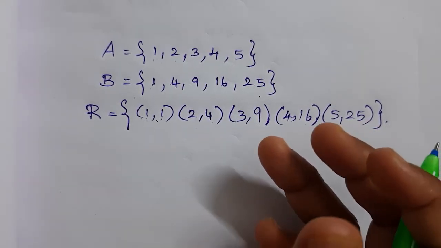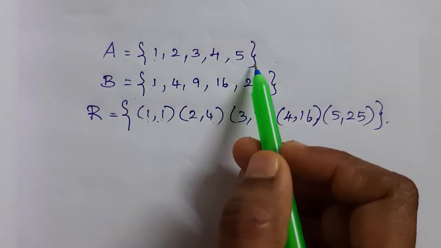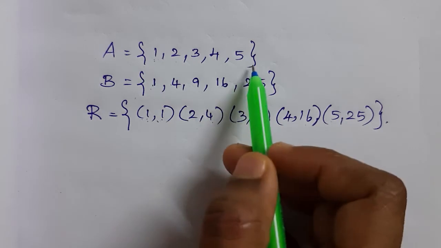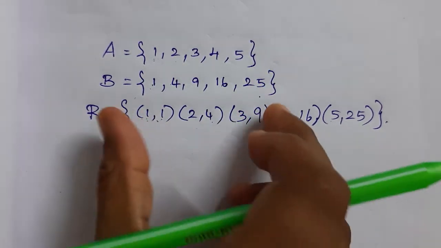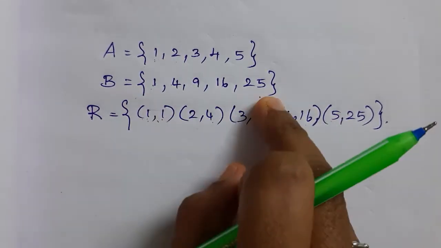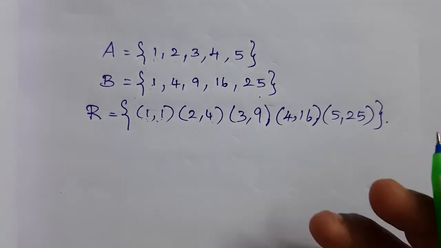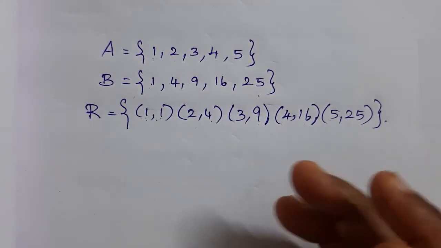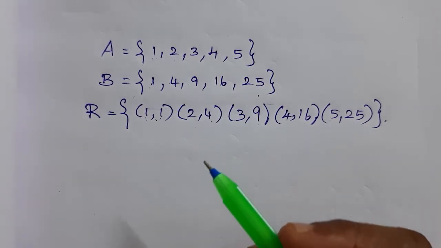So here the elements of A are called the domain, and the elements of B are called the codomain. And range is nothing but the outcome, that is whatever is favorable under my condition.